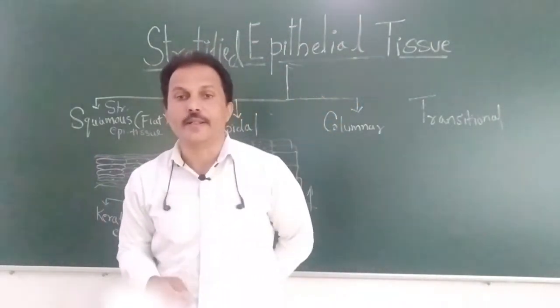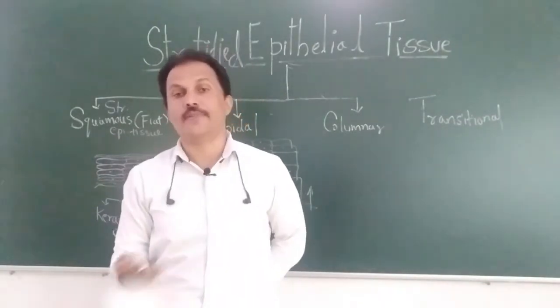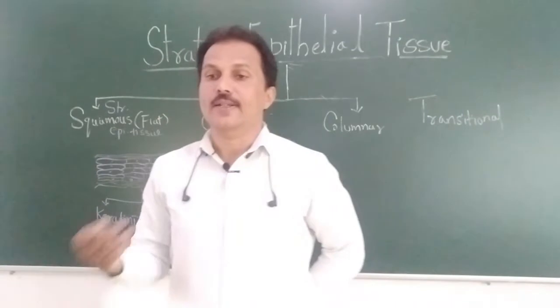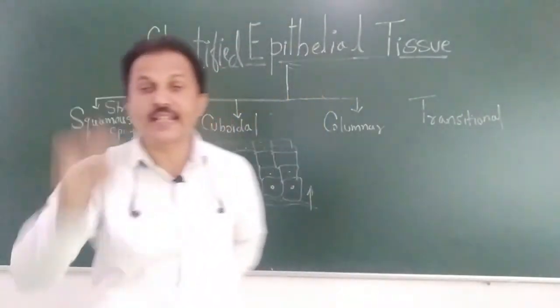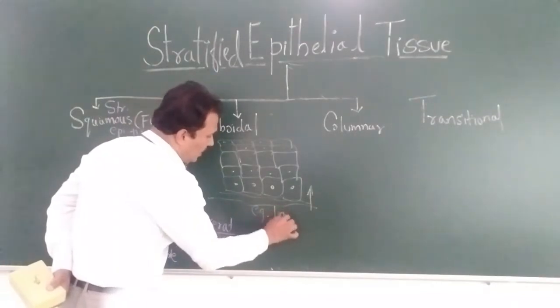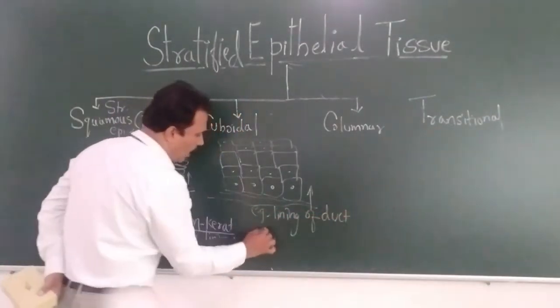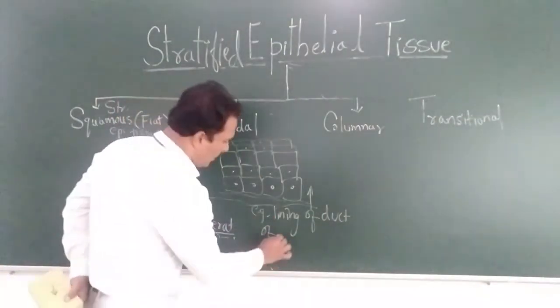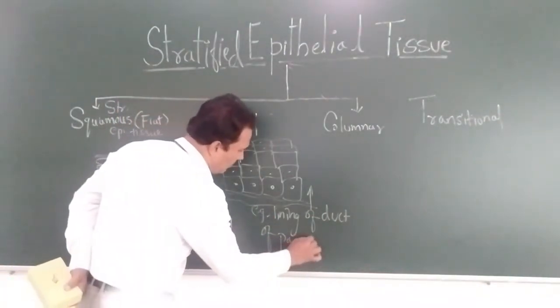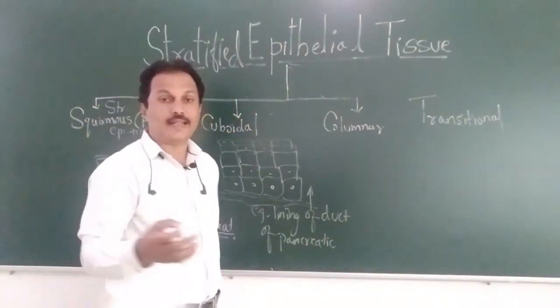Where is it present? It is present in the ducts of the salivary gland, mammary gland, and sweat gland, and in the linings of ducts of various glands. You can take the example of the pancreas. There is one pancreatic duct.